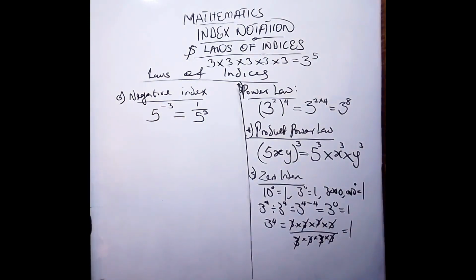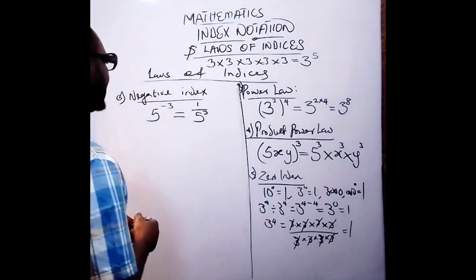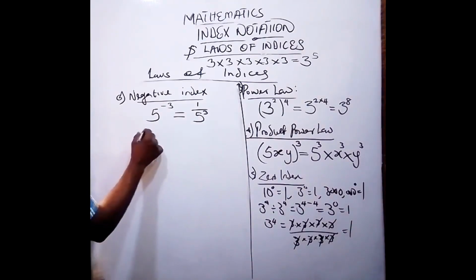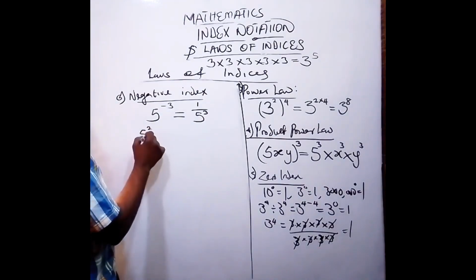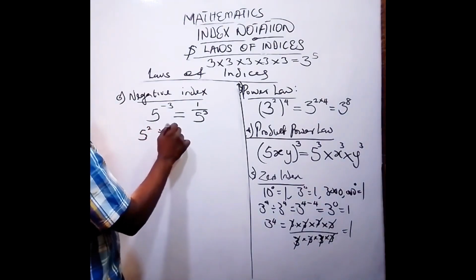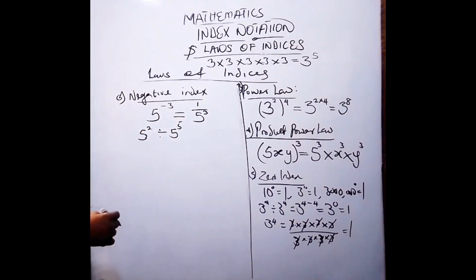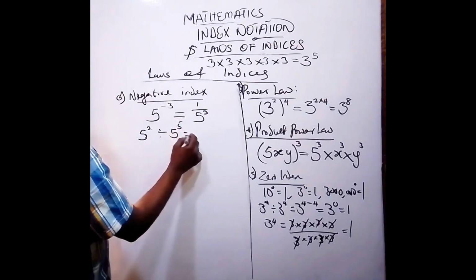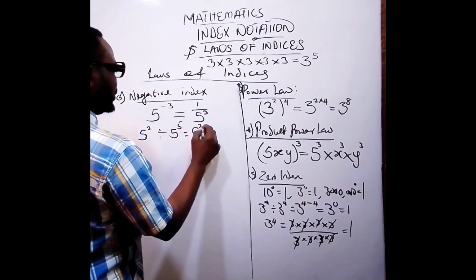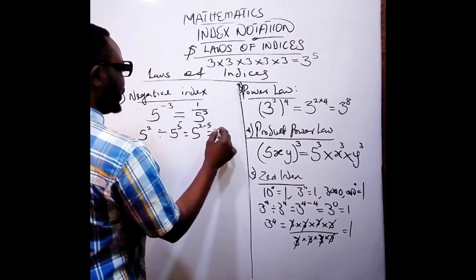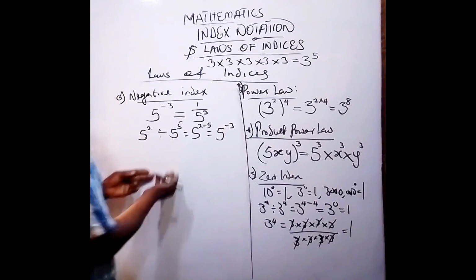So let's try to prove that now. If you have 5 raised to the power of 2 divided by 5 raised to the power of 5, this will be equal to 5 raised to the power of 2 minus 5, which is 5 raised to the power of minus 3. Let's check this very well.